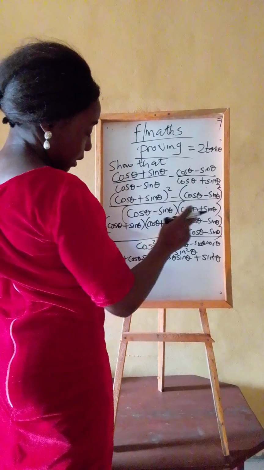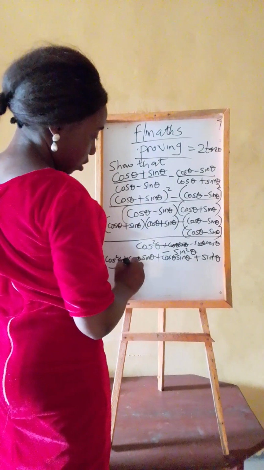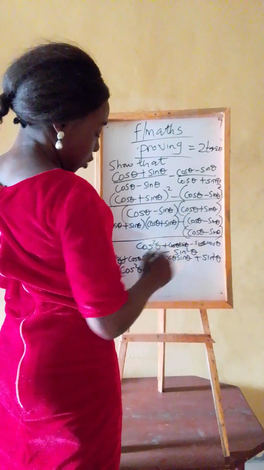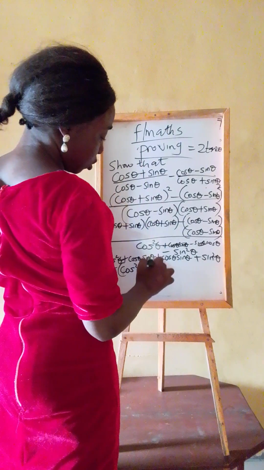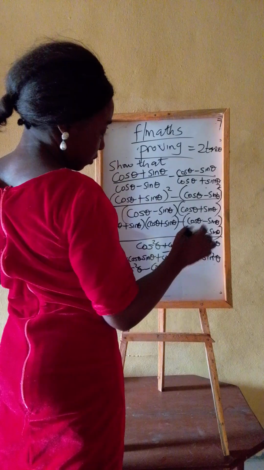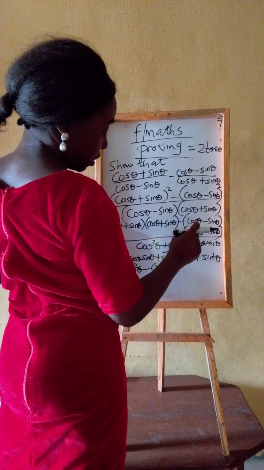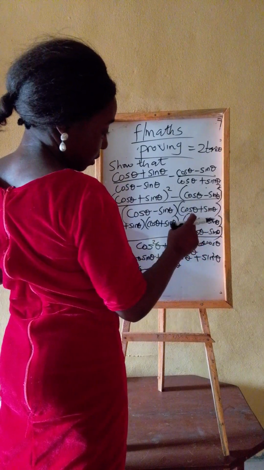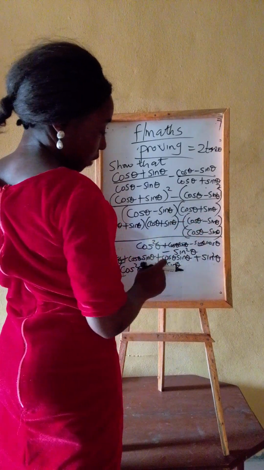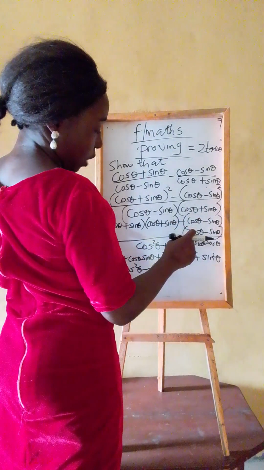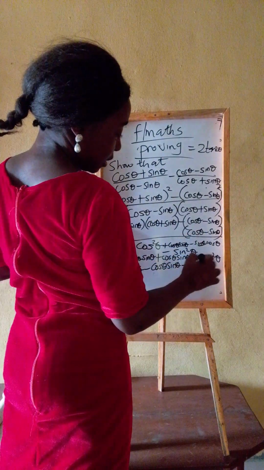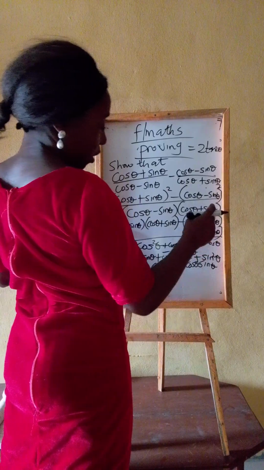Minus this times this, we have cos square theta. This times this, minus cos theta sin theta. This times this, minus cos theta sin theta.